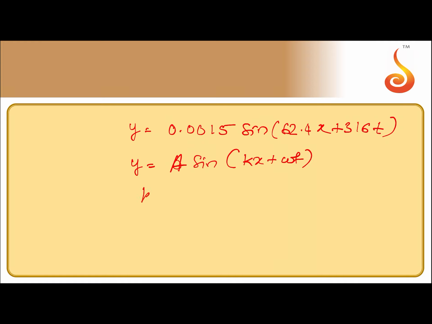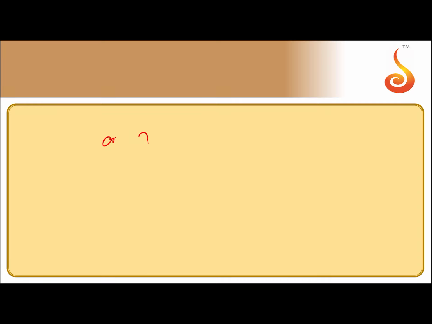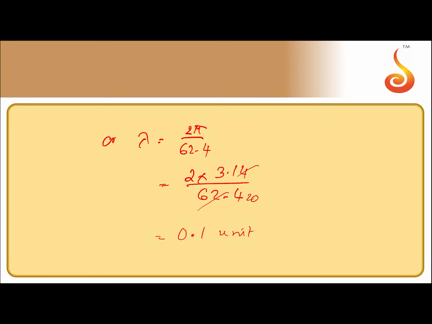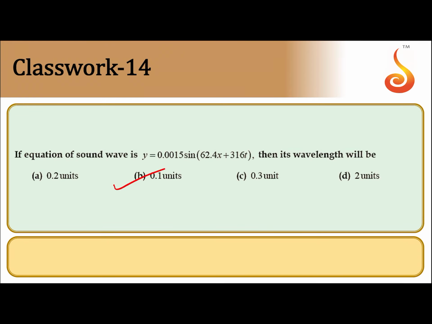What do we notice? We notice k is equal to 62.4. But you know, k is 2 pi by lambda, so 2 pi by lambda is 62.4, or lambda is equal to 2 pi divided by 62.4, that is 2 into 3.14 divided by 62.4. So you can see this is approximately 1 by 10, 0.1 unit. Therefore, the wavelength is nearly 0.1 unit.